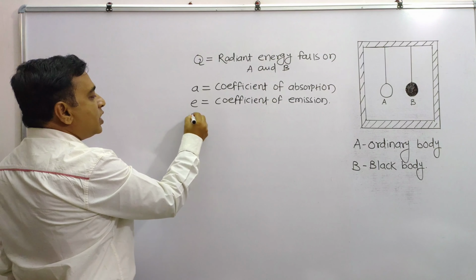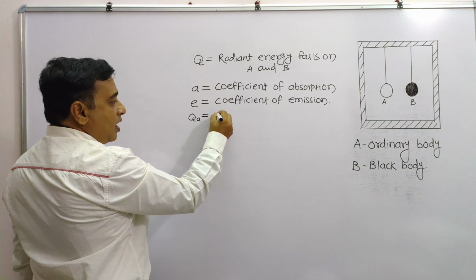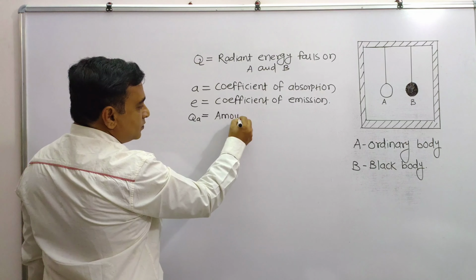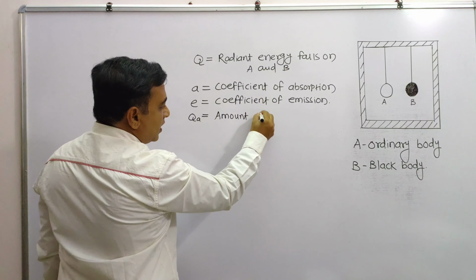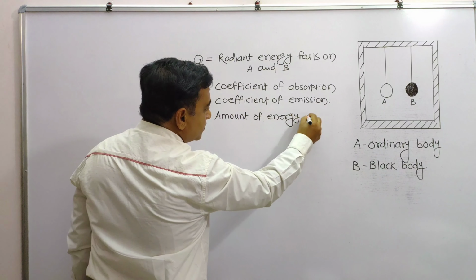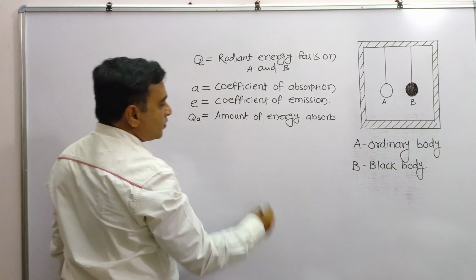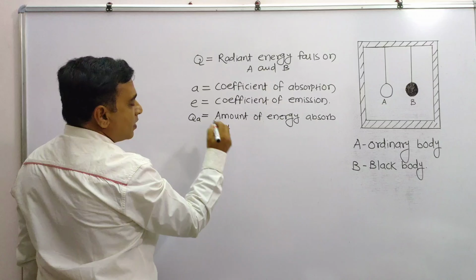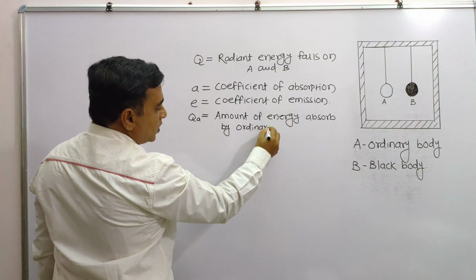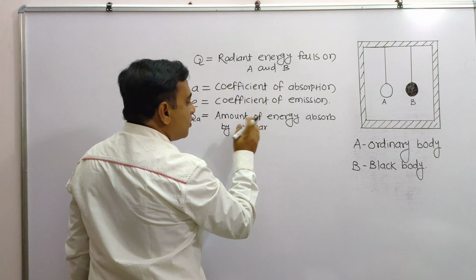Then we know that QA is nothing but the amount of energy absorbed by the ordinary body, or the amount of energy absorbed by a body.